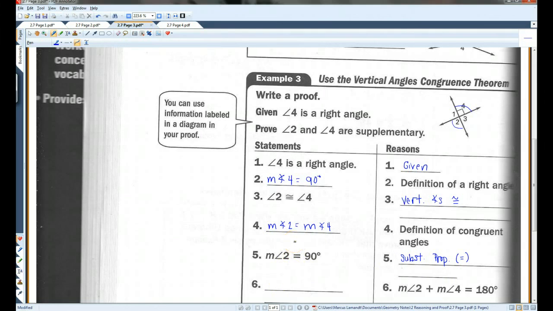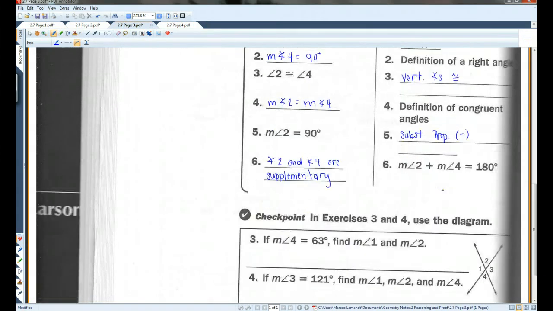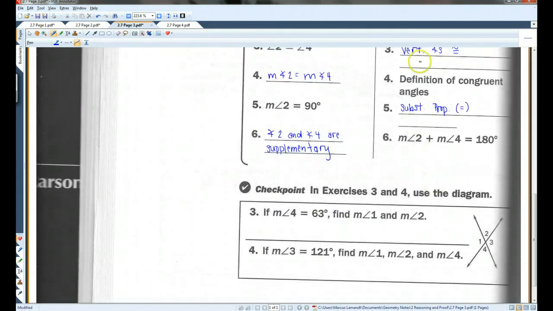So, if they're both 90 degrees, then they're supplementary. Okay, and this is because 90 degrees plus 90 degrees is 180. Alright, I'll let you guys do the checkpoint. Let's go on to the last page.